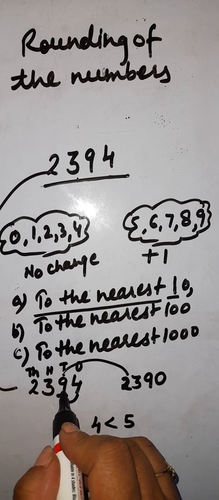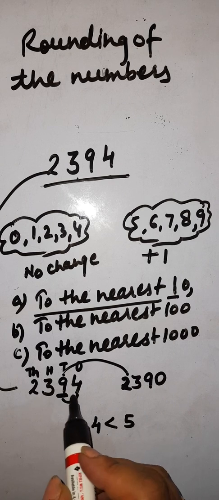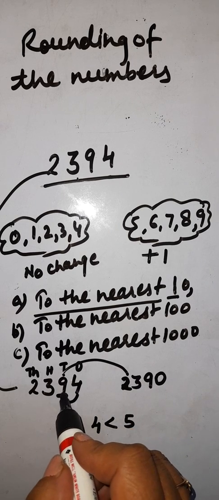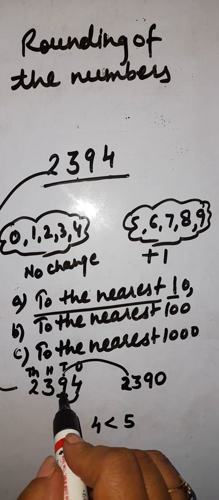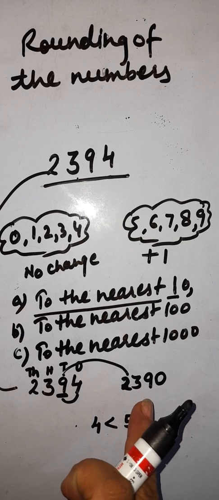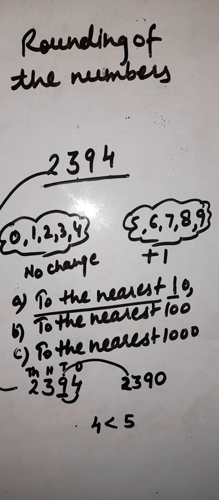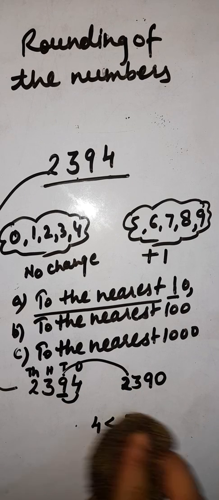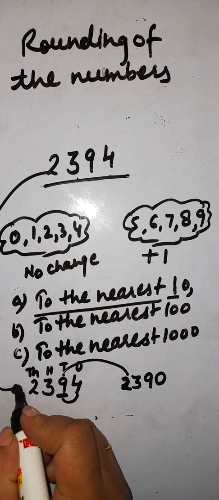So the place value of 9 is 90. Whenever we round off any digit or any number, the next digit will convert into 0. जब भी हम राउंड ऑफ करते हैं तो जो नेक्स्ट नंबर होता है वो 0 में कन्वर्ट हो जाता है. Okay, so this is part A solved.